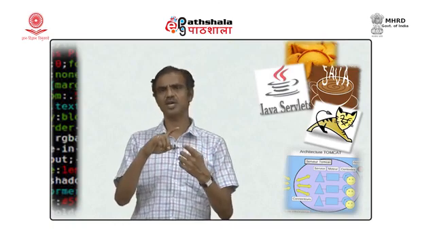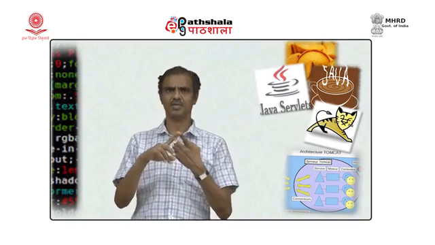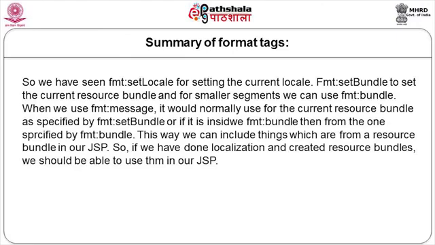So, you can use fmt:setLocale, we have fmt:setBundle, and for a smaller segment we can say fmt:bundle and /fmt:bundle. As far as fmt:message is concerned, it can be used anywhere.